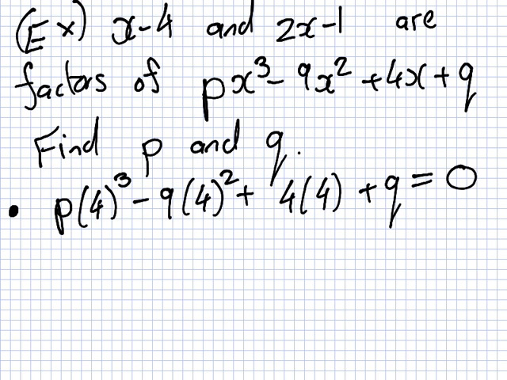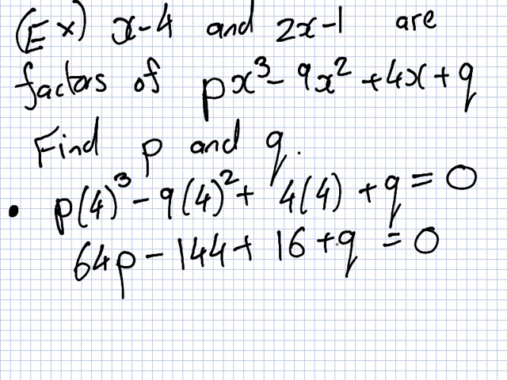What's 4 cubed? Is it 64? 64p minus 144 plus 16 plus q should equal 0. So 64p plus q should equal 144 minus 16. So what's that now? 128? Yeah, 128.